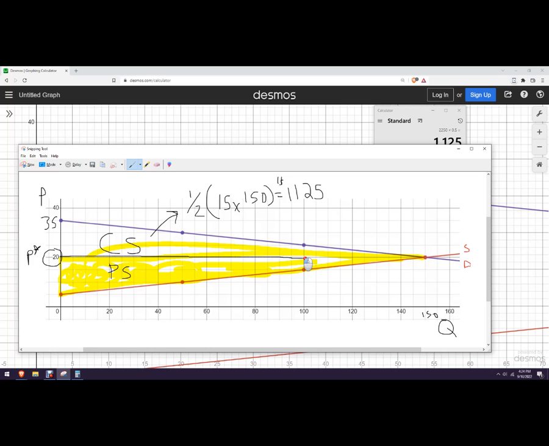So this is going to be one half. And here we have the same quantity, so we can use the same quantity there. We know it's going to 150. However, this starts off at 5, so it's actually the same, 15. It doesn't go all the way to 0 because this part isn't part of the supply curve. So it's the same answer, 1,125. That's how you get the producer surplus.